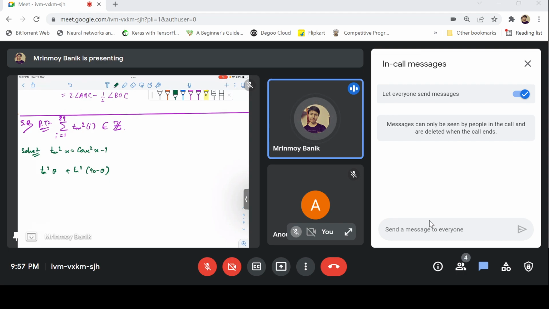Oh, sorry, these are only the odd terms. So it's basically i from 0 to 44, tan squared of 2i plus 1.